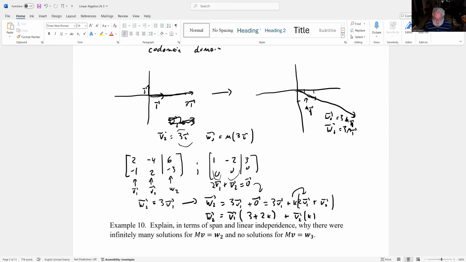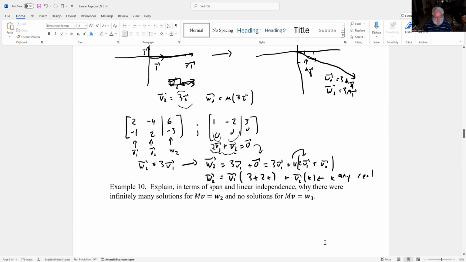Distribute this k, you get a 2k V1 and a k V2. So no matter what k value I pick, I can get a solution in terms of V1 and V2. And why can I do that? Because there's a linear dependence between those, right? And so there's infinitely many solutions, and you can write down what they are.